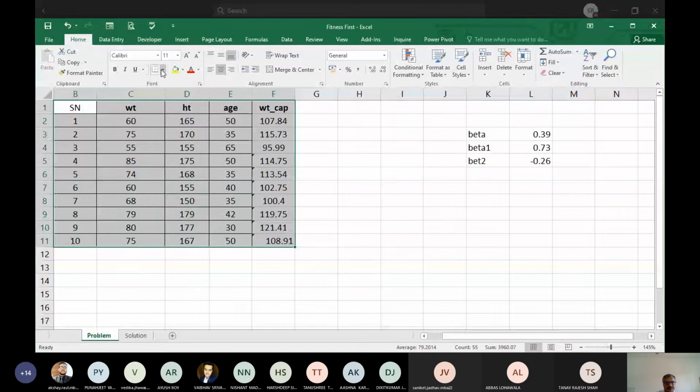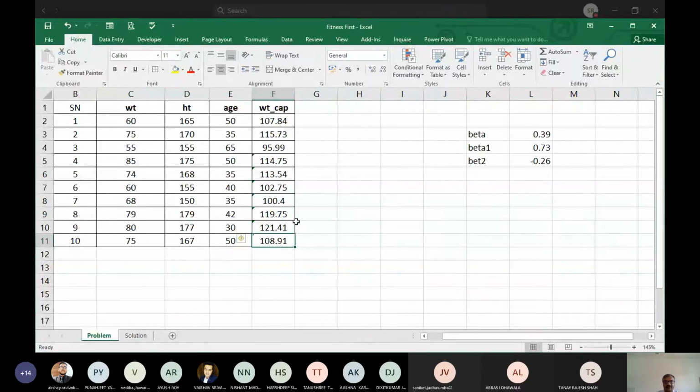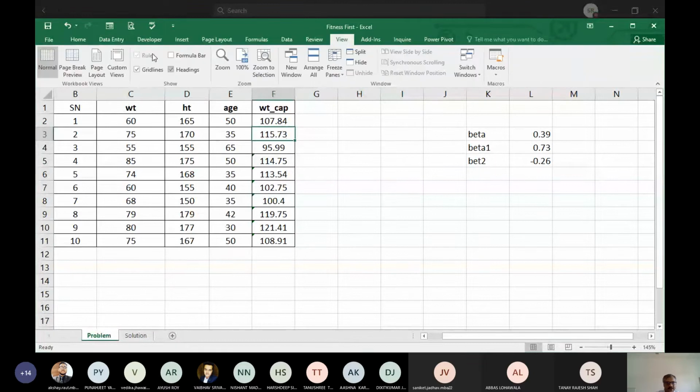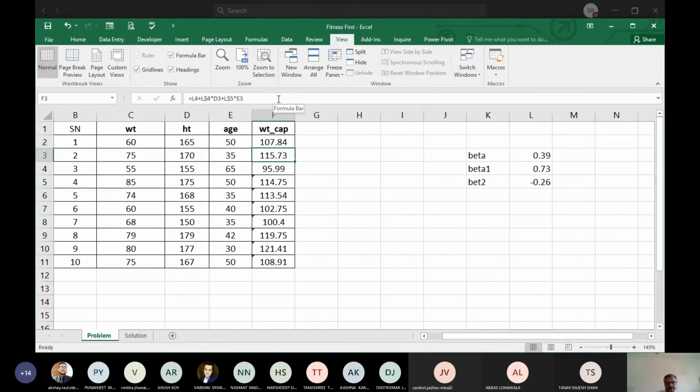If you are having Excel, you can also check yourself. These are the values of y cap, or right now it is weight cap. So if you look at the function here, look at what is happening at f3. It has taken these two values with the respective values of height and age and calculated.